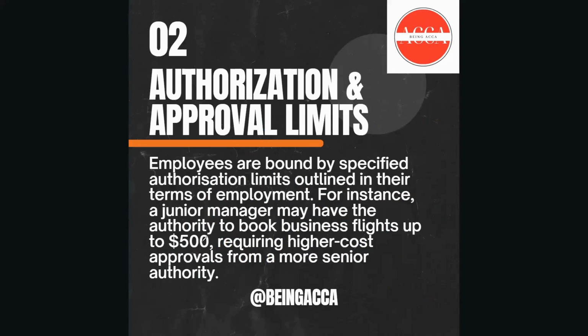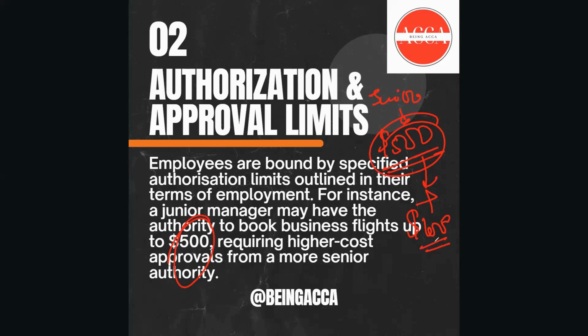There can be a scenario in which there is a junior employee and he has been given that, okay, you can make a booking of $500 maximum, and if you want to make more bookings, for example $1000 bookings, you have to take approval of someone senior. So that is an approval limit which I have kept on the junior so that he does not make unauthorized bookings, and if he is making them, the senior is aware of it.